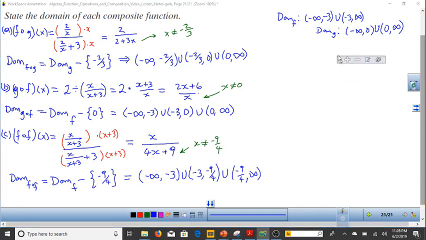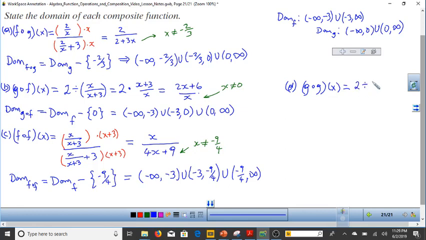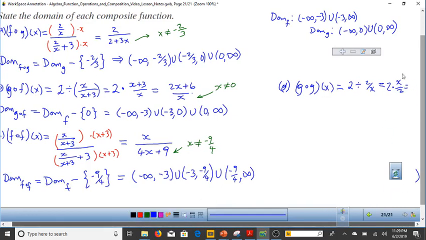And then finally, part D, which is g of g of x, which of course means 2 divided by 2 over x, which gives you 2 times x over 2, which is x.